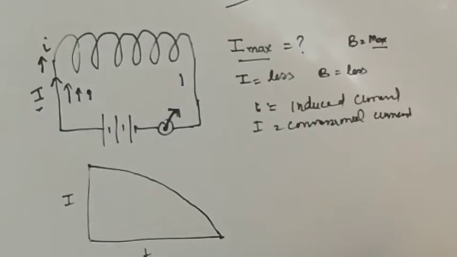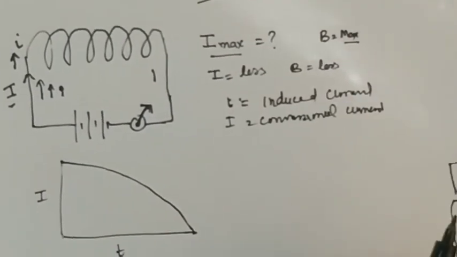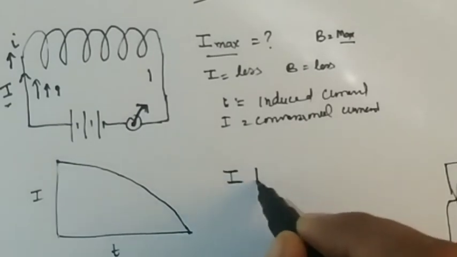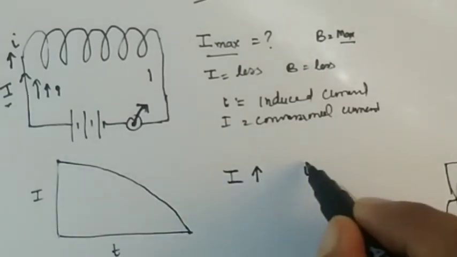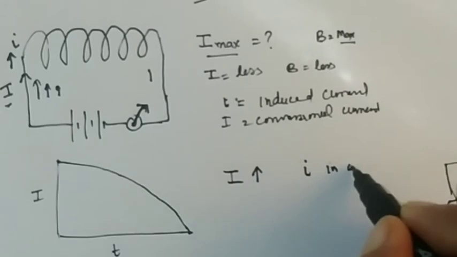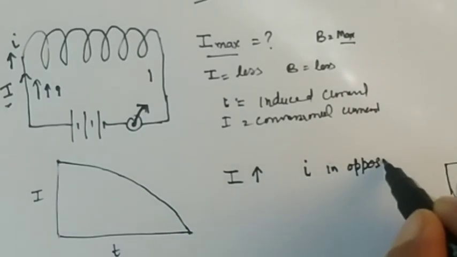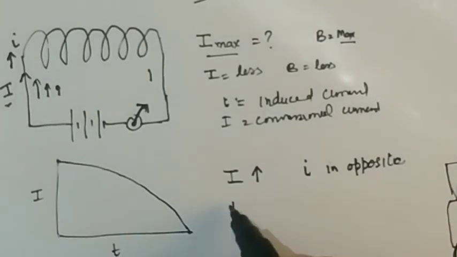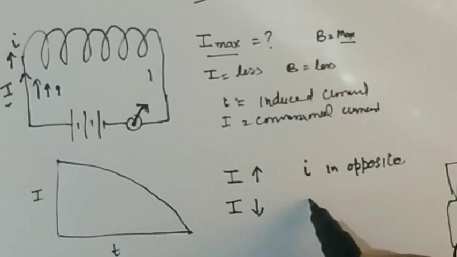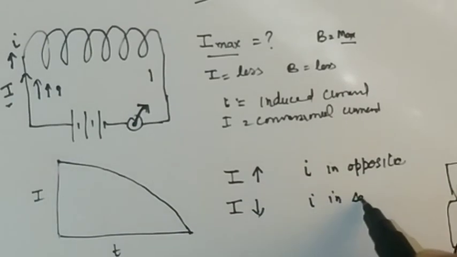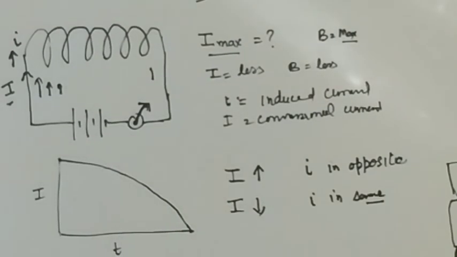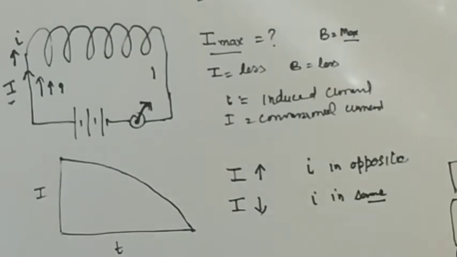What do we conclude from these two? We conclude that when the current is increasing, the induced current will be in the opposite direction to the conventional current. But if the current is decreasing, then the induced current is in the same direction as the conventional current. This is a very important result, so keep this in mind.